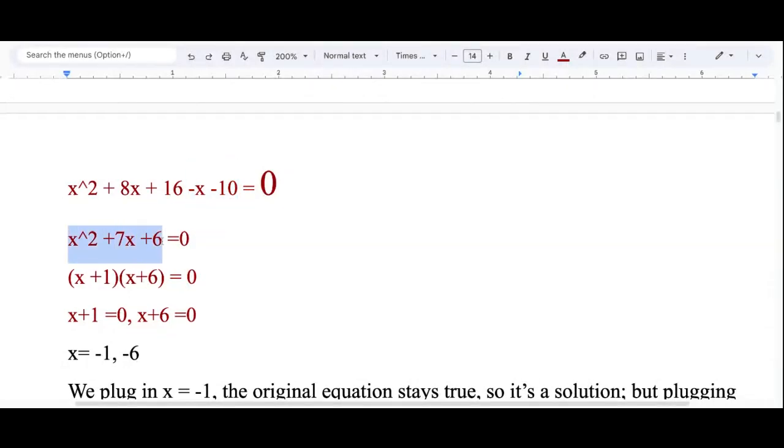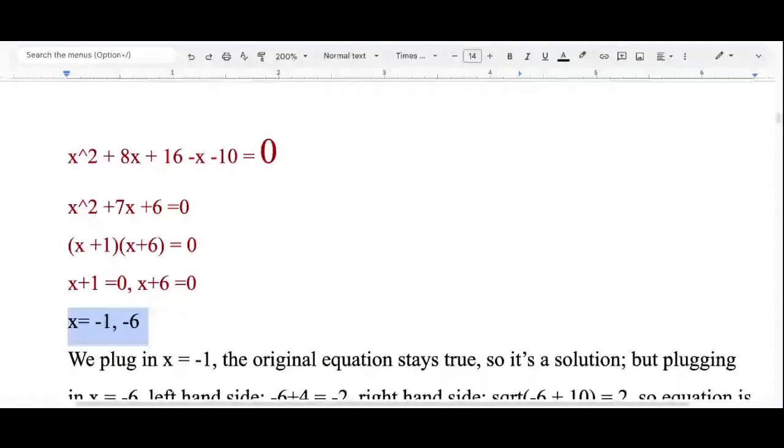We simplify, we get x squared plus 7x plus 6 equals 0. We put it in factored form. So this is a quadratic equation, right? How do we solve a quadratic equation? We can always use the quadratic formula, or if we can factor it, we would factor. So factoring this, we get two solutions. So far makes sense? Okay. Then the rest is just to check. Anyone else has any questions?